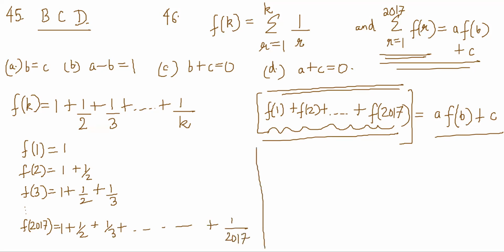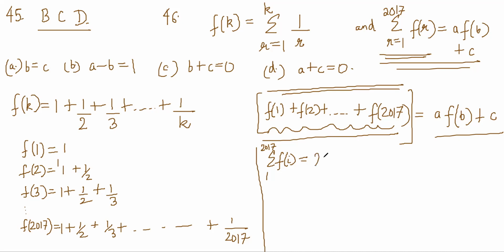If you do a vertical addition, the summation of the f(i)'s from 1 to 2017 should be equal to, how many ones are there? There are 2017 ones.